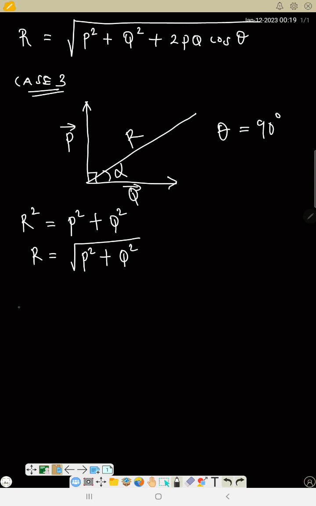Then alpha, the angle which the resultant makes with the horizontal.